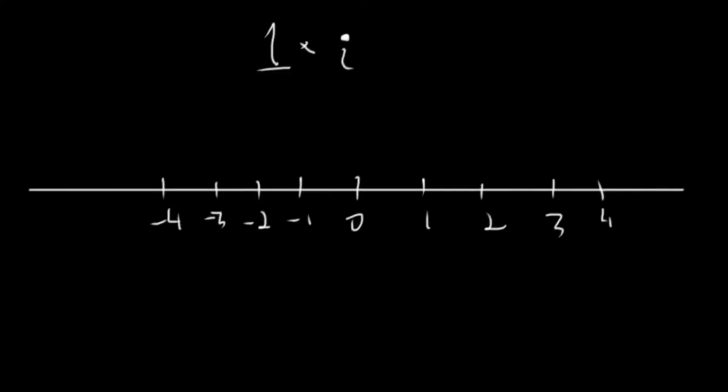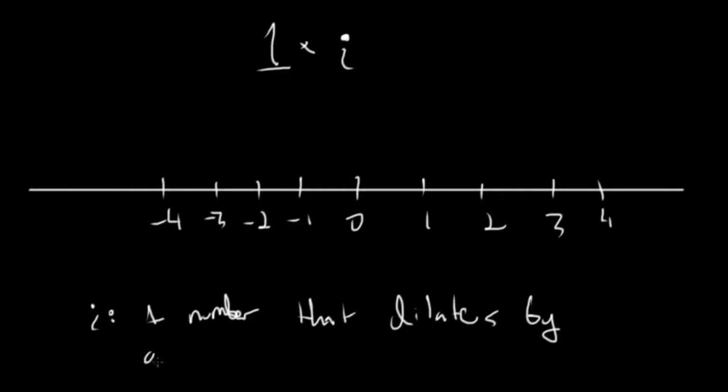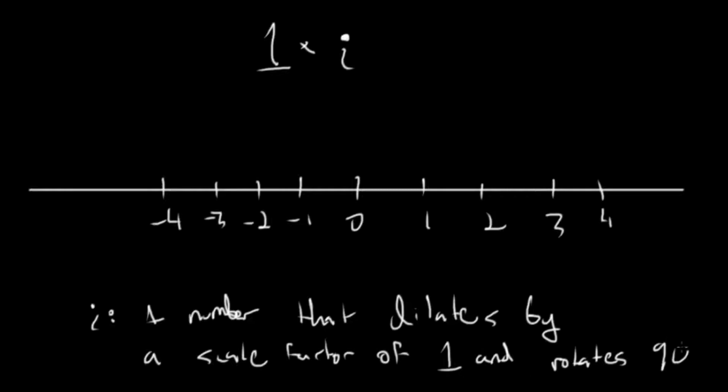This number i's function is that it dilates by a scale factor of 1 and rotates. -1 is rotated 180 degrees, and i rotates 90 degrees.